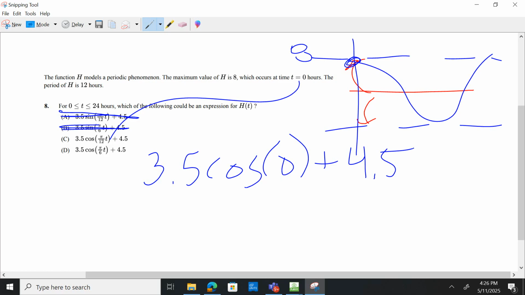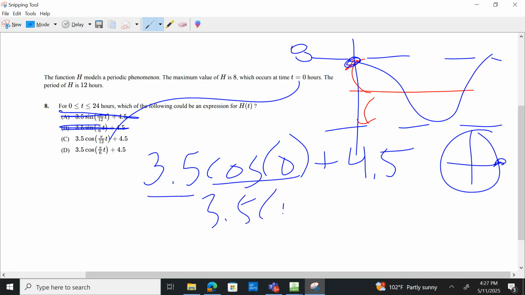Well, when we're at 0 on the unit circle, the cosine is 1. So this is 3.5 times 1 plus 4.5. 3.5 and 4.5 gives you 8. So that's a possible choice.